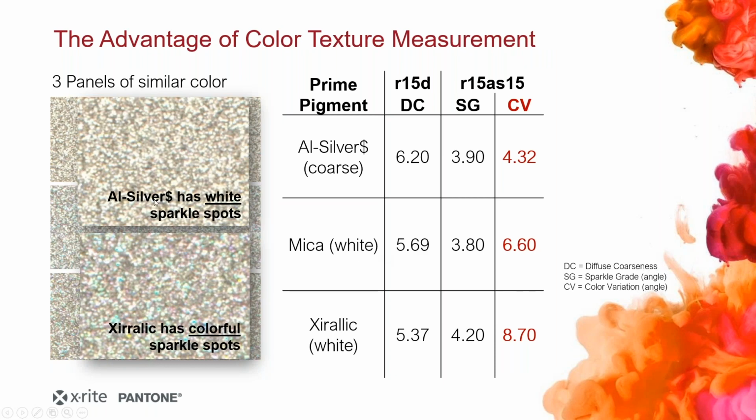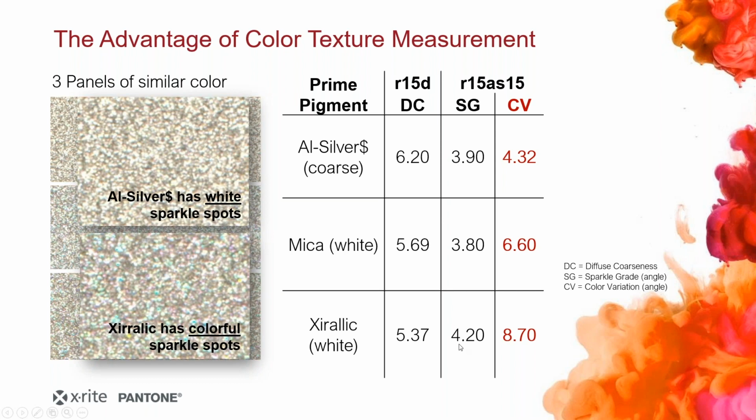Aluminium silver dollar has got white sparkle spots, and ceralic has got colorful sparkle spots. As you can see here, it's blue, green, and also a little bit of yellow and whatever is in this as an effect pigment. And most instruments on the market that have the capability to detect coarseness and sparkle grade will see just like this. So the coarseness is similar, and also the sparkle grade gives at least similar values.